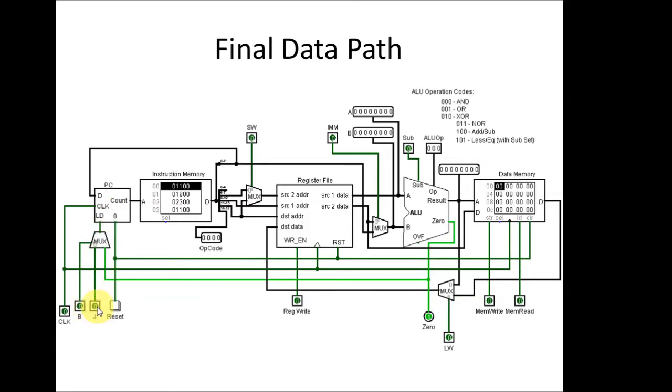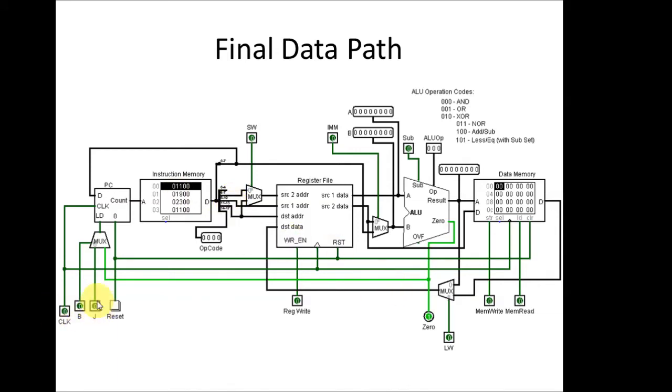If it's a jump instruction, J will be 1, and it'll automatically load into the program counter. That'll happen anytime. But if it's a branch instruction, we're going to be conditional on the 0. So if branch is 1, if this is a branch instruction, and 0 is true, if they're equal to each other, then the program counter will be set and the system will jump to a different instruction.